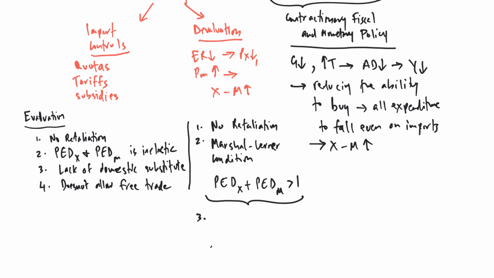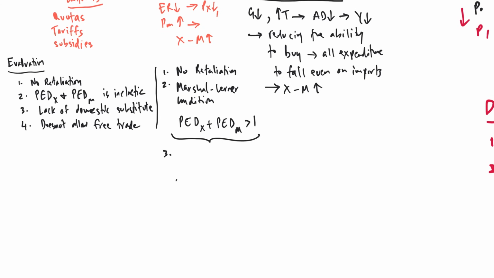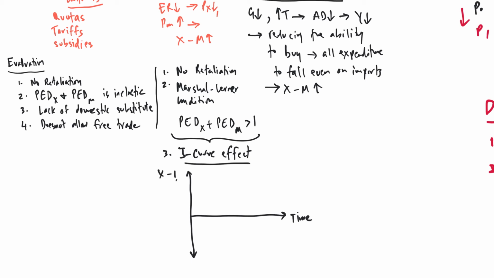And the third condition, which is more like a situation that happens for many goods, is something called the J-curve effect. The J-curve effect simply says that when you look at devaluation, the trend looks like this. So I have time on my x-axis and X minus M balance on my y-axis.